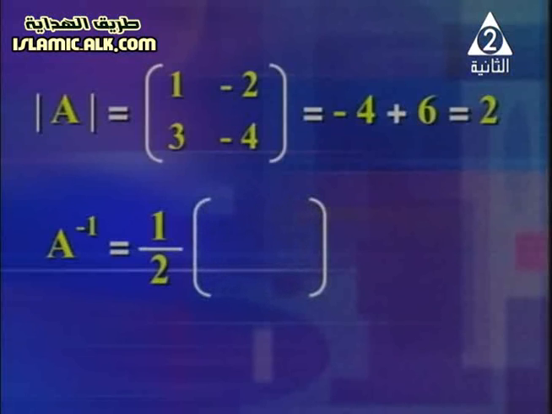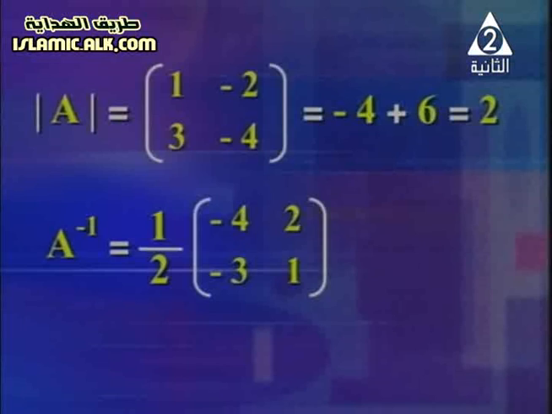1 over the determinant, 1 over 2, and then we replace the elements of the principal diagonal: 1 and negative 4 are interchanged, giving negative 4 and 1, and we change the sign of the second diagonal.